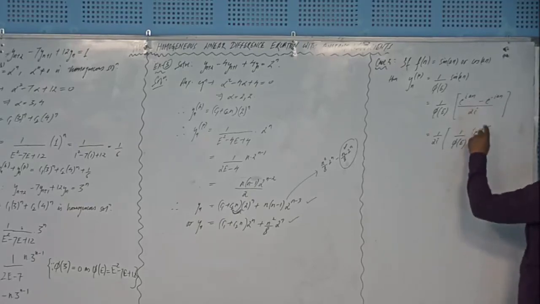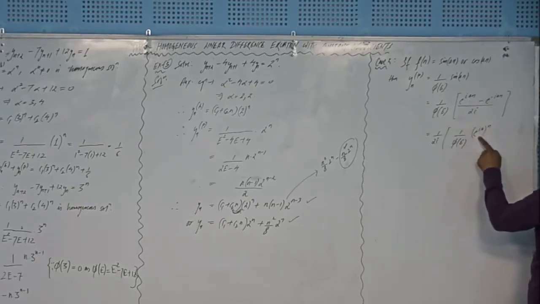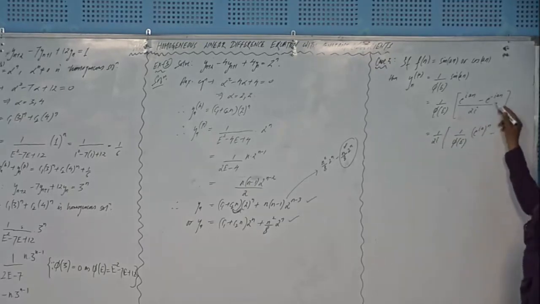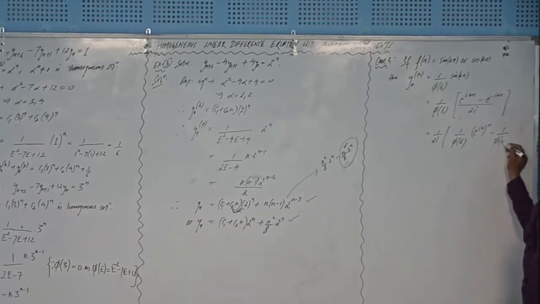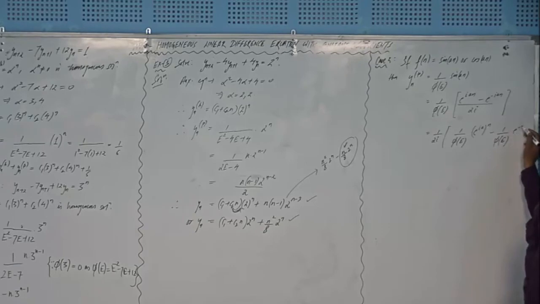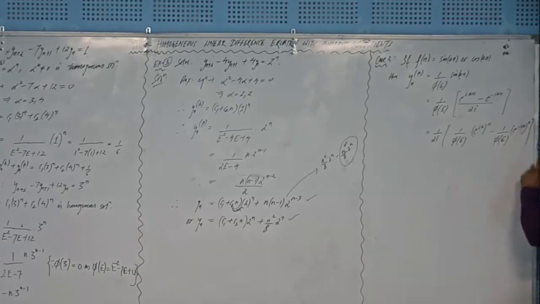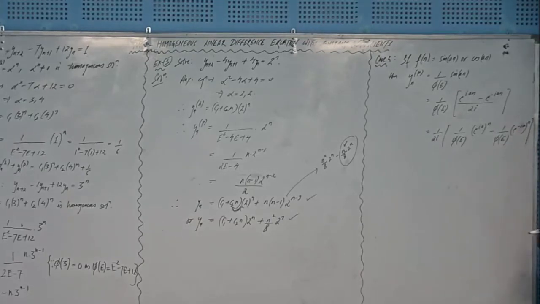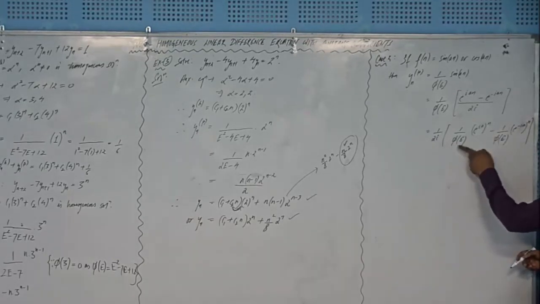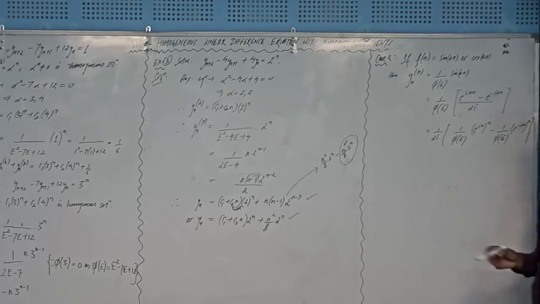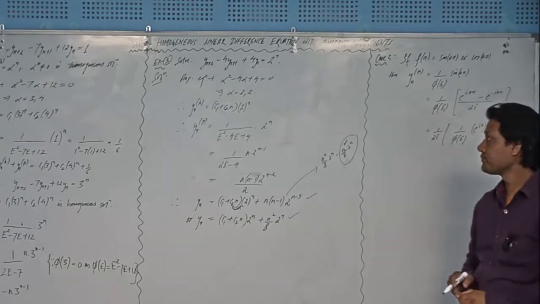You need to write this term in the form of beta to the power n, so this is beta. And for the second term, minus 1 over phi E, we will have e to the power minus iota a, to the power n. So for this term, beta will be equal to e to the power of minus iota a, right. And then we'll evaluate this as we evaluated in case number 1, right.